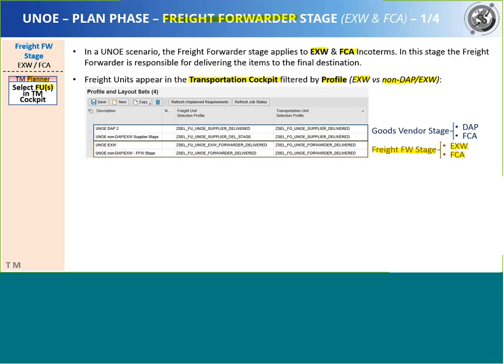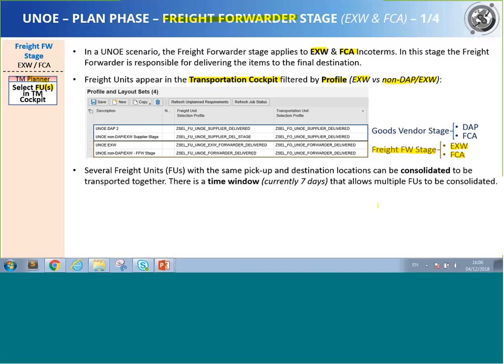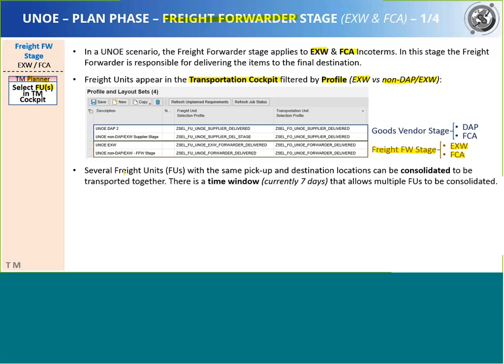Okay, so we will select the profile in the transportation cockpit, and the system will display the different freight units that comply with that profile that I selected.